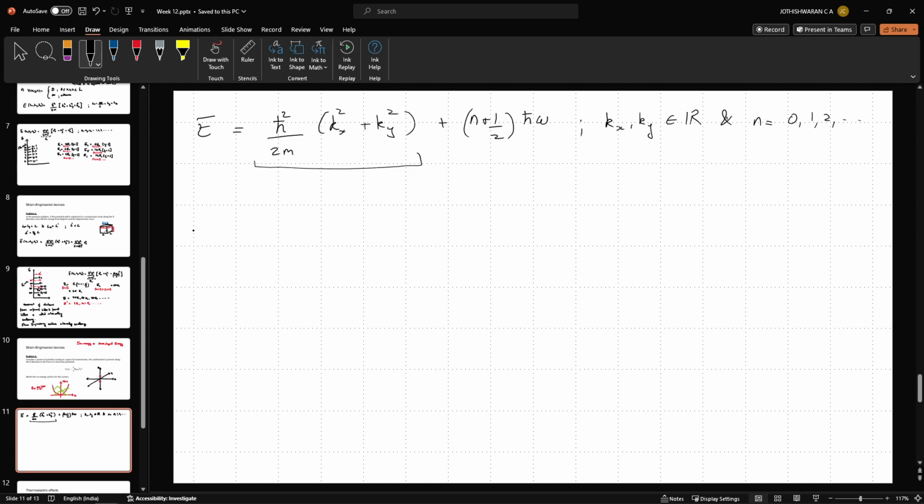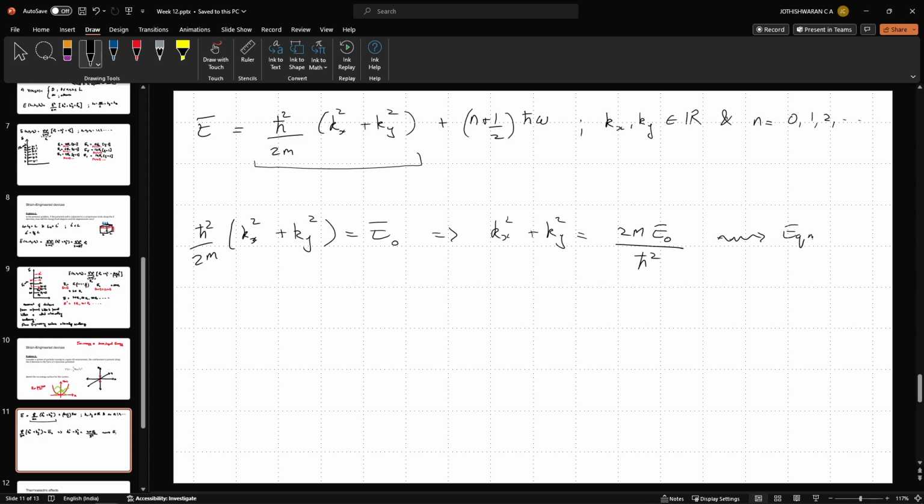If I say h bar squared by 2m times kx squared plus ky squared is equal to some E naught, this implies kx squared plus ky squared is equal to 2m E naught divided by h bar squared, and this is the equation of a circle.